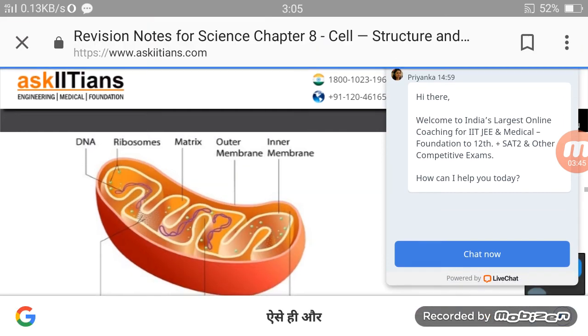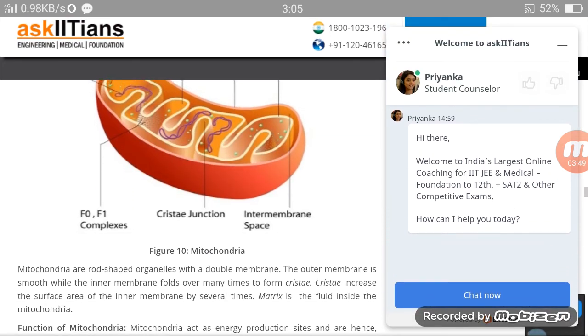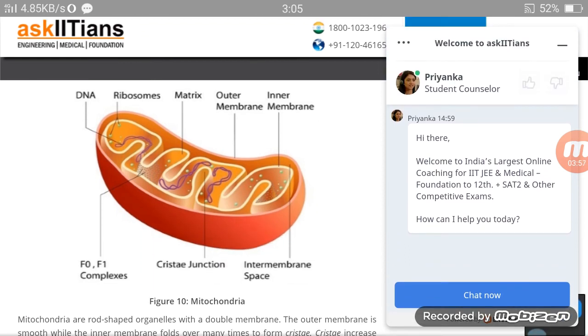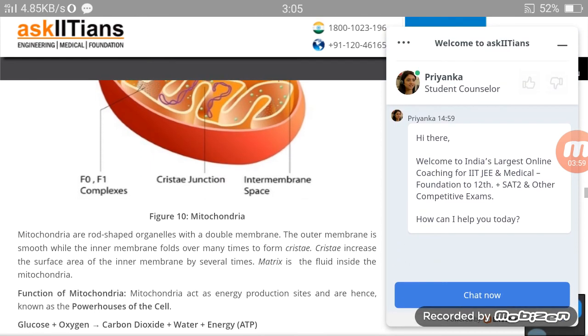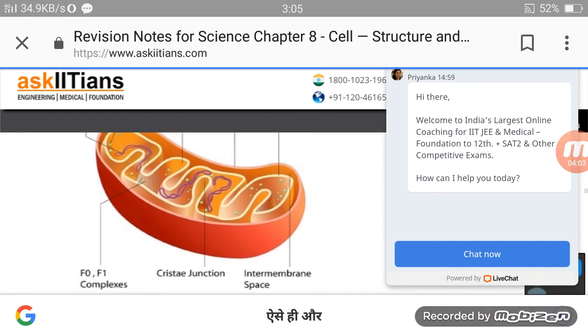The outer membrane of the mitochondria is smooth and the inner membrane of the mitochondria folds several times. You can see the inner membrane is folding several times, and what is it forming? It is forming cristae junction.